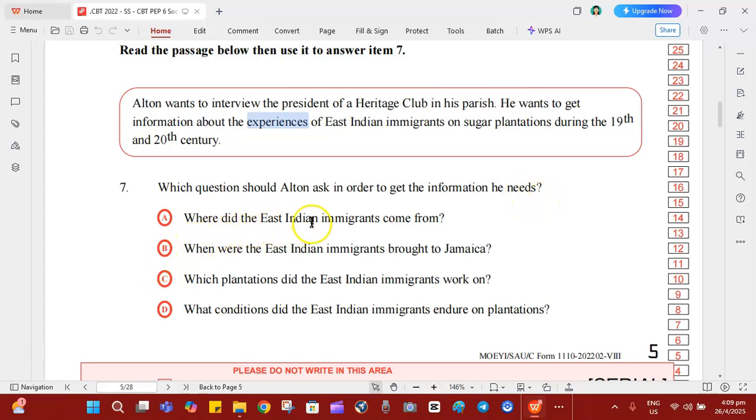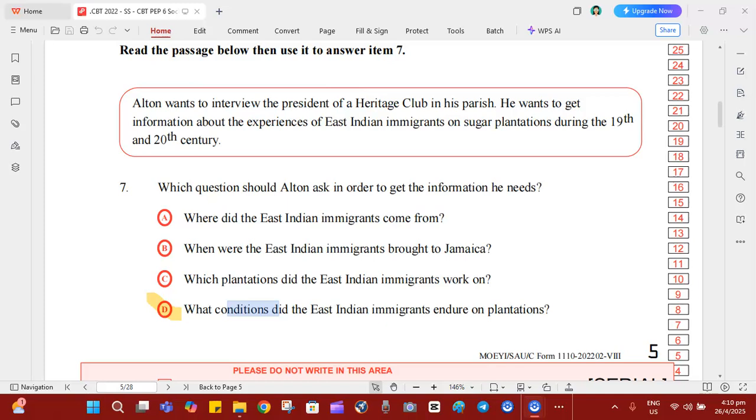A, where did the East Indian immigrants come from? That would not speak of their experiences. B, when were the East Indian immigrants brought to Jamaica? Not about their experiences. C, which plantations did the East Indian immigrants work on? Not their experiences. D, what conditions? Conditions would speak to experiences. So it has to be D.